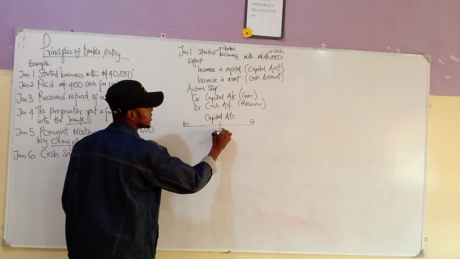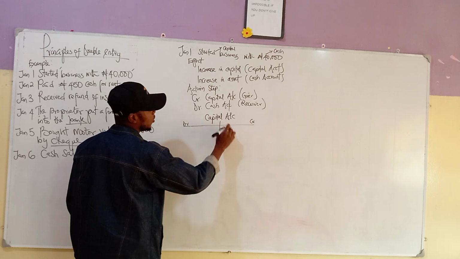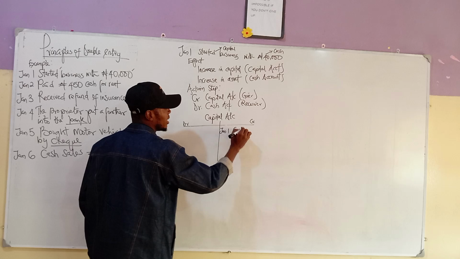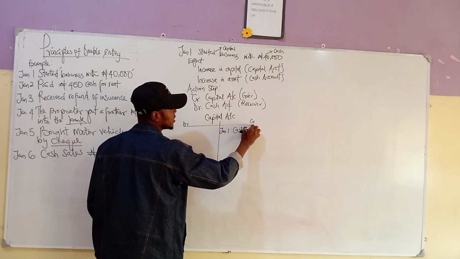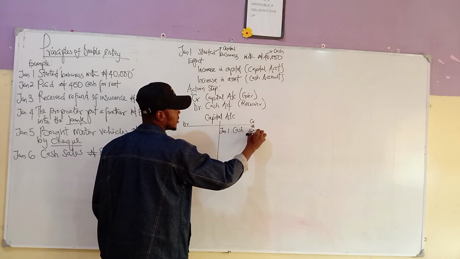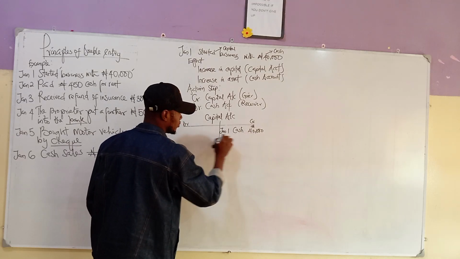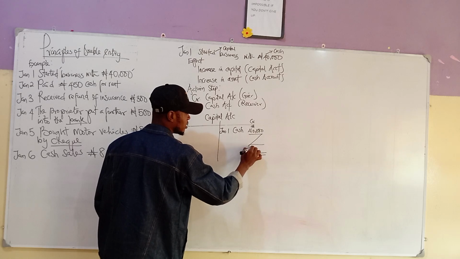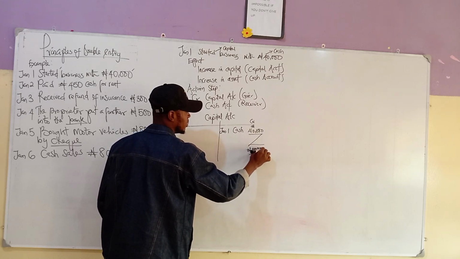So I'll put my date, January 1. Now, what was given from the capital? Cash was given, so I'll record it as cash. How much cash was given? We have 40,000 naira. I'll just close because that is the only amount, which is 40,000 naira.